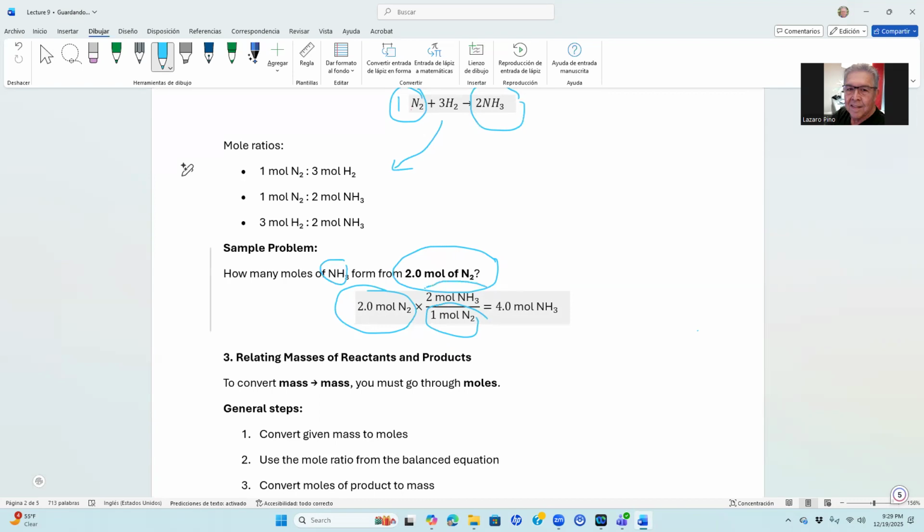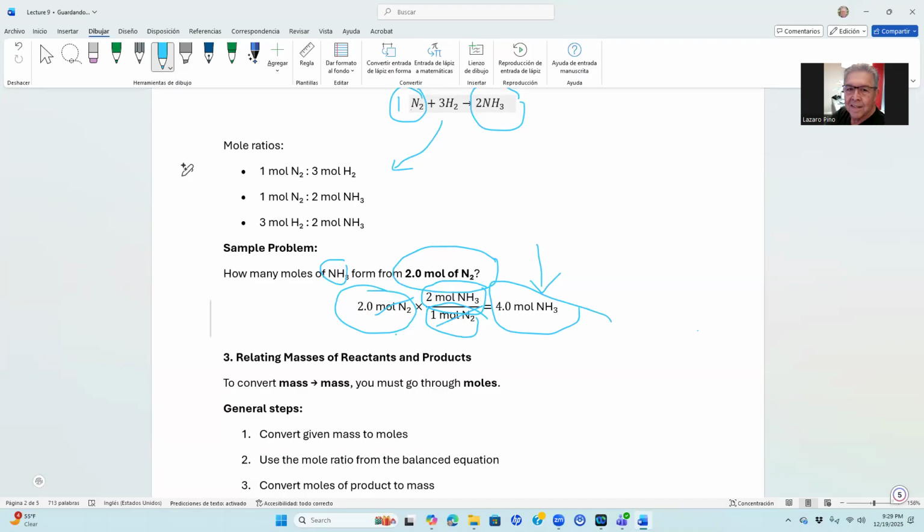And look at here. I write this in this way because I have to cancel mole of nitrogen with mole of nitrogen to get what I am asked for. Then you multiply and divide and you get your answer in the compound that you are asked for.